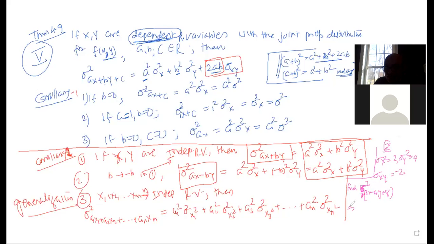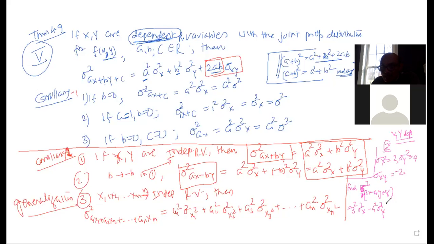So the variance of 3X minus 4Y plus 8, this is your a. I can write 3 squared times the variance of X, plus 4 squared times the variance of Y. They are dependent random variables, X and Y dependent.